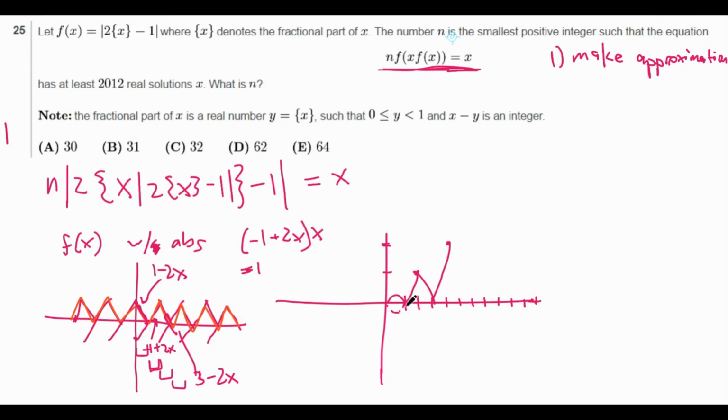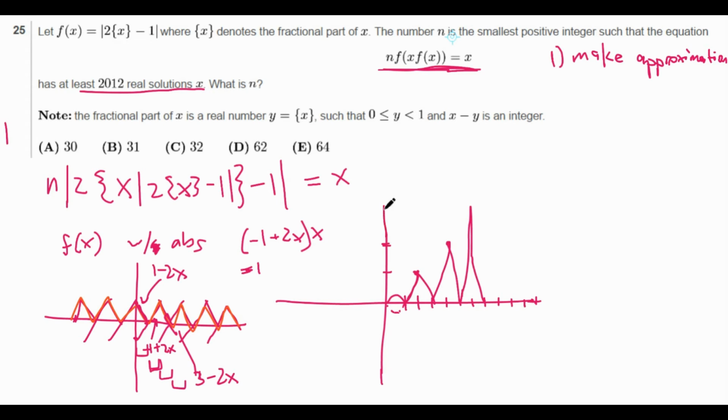Note that other than this first interval from 0 to 1/2, my drawings aren't exactly accurate. These are supposed to be parabolas, but I've drawn them as straight lines, because again, we can make approximations. We don't need the exact numerical data to find the number of real solutions this equation has.